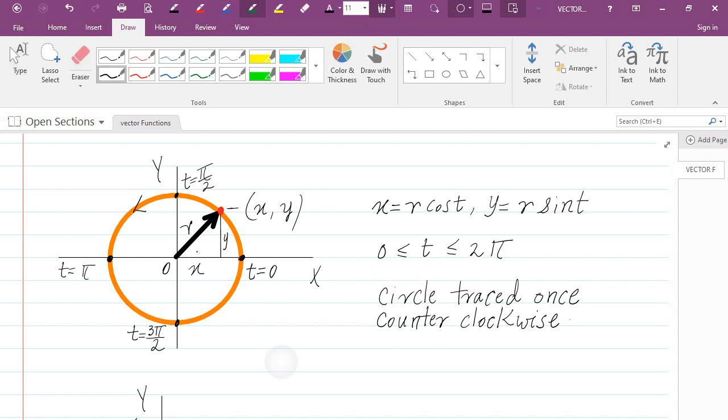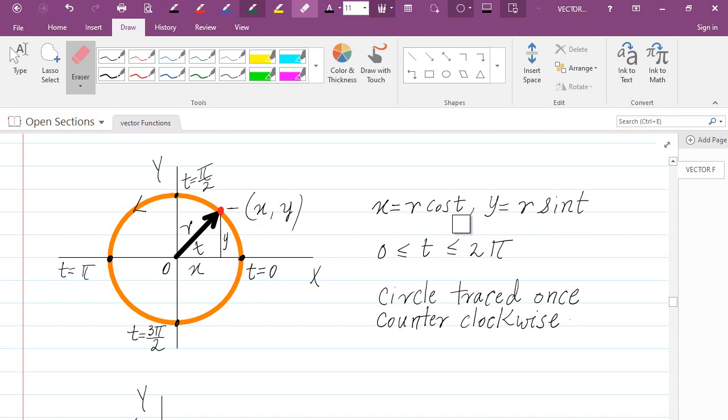And again, because t is this angle, when t is 0, x would be r and y would be 0, so you get this point. When t is pi over 2, then x would be 0 and y would be r, so we are at this point.